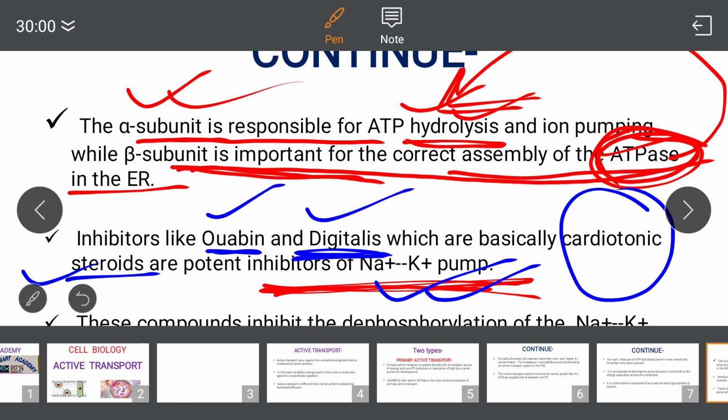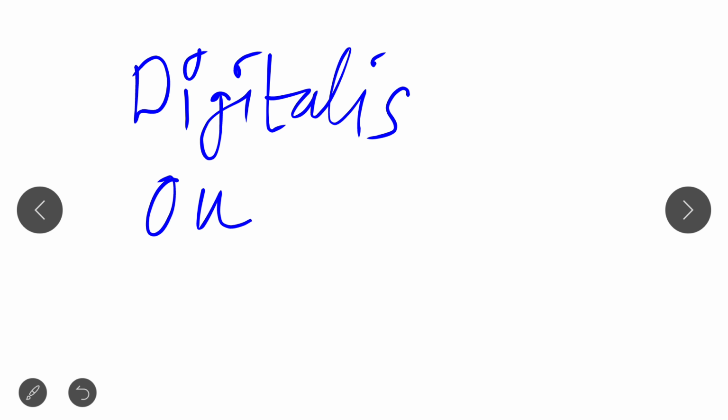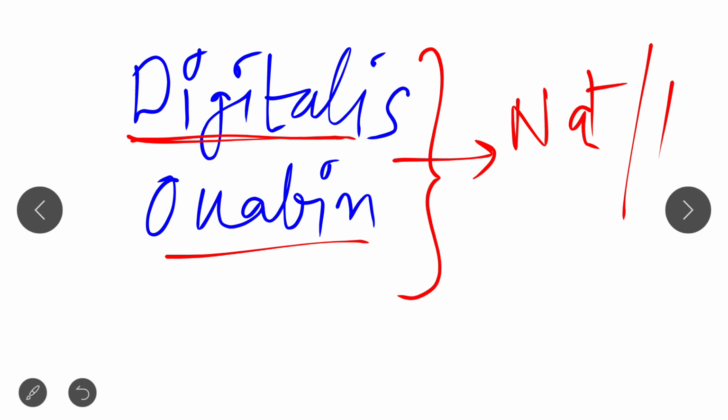So there are two types of inhibitor: one is digitalis and one is ouabain. Just remember these two names, a question will be asked in the examination. Digitalis and ouabain inhibit the sodium potassium pump.